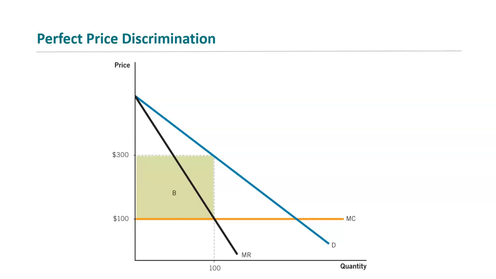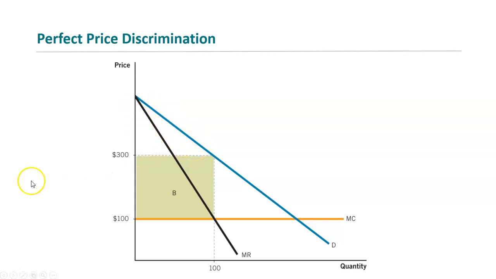If, however, you're able to practice perfect price discrimination, instead of charging everyone $300, if you knew that the first person who walked in your door was this guy way up here that was willing to pay this much, you'd charge him that much. And the next guy, you charge him that much. And the next guy, that much.